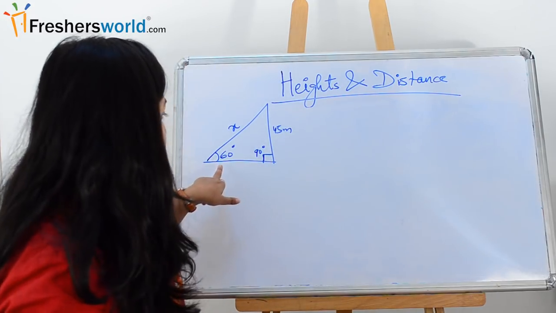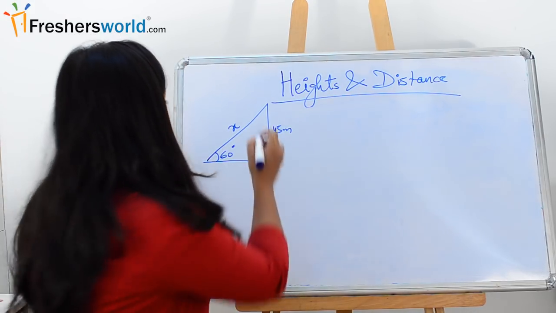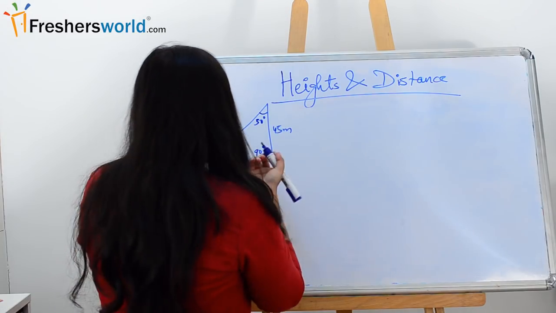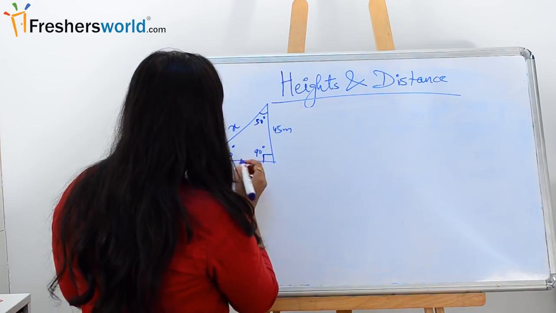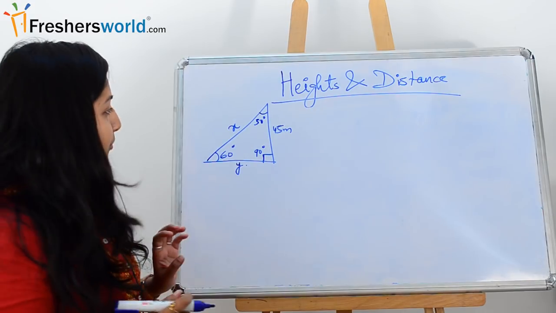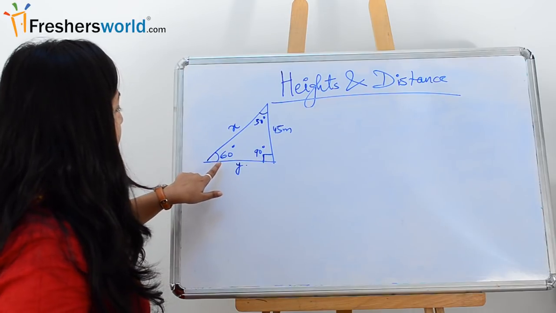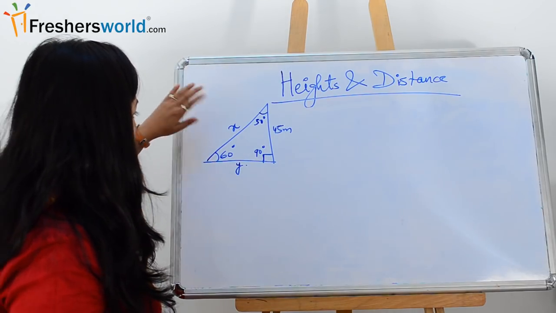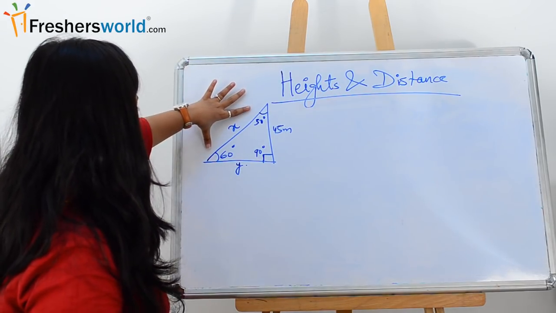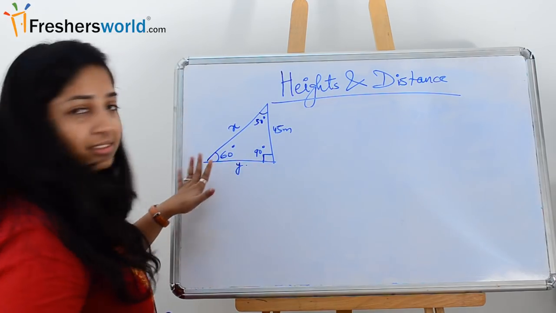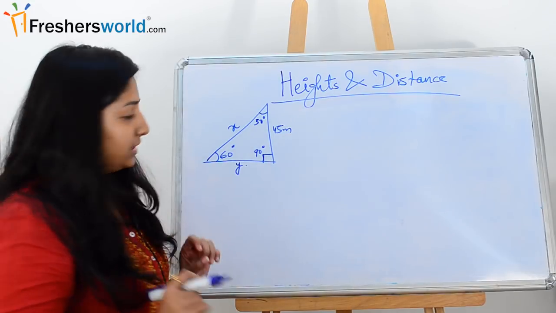So we have 60 degree, we have 90 degree, and this is 30 degree. From the problem we had these two values, 45 meter and 60 degrees. Let's consider this as x, and since we don't know the base also, let's consider it as y. Now let's try the ratio.